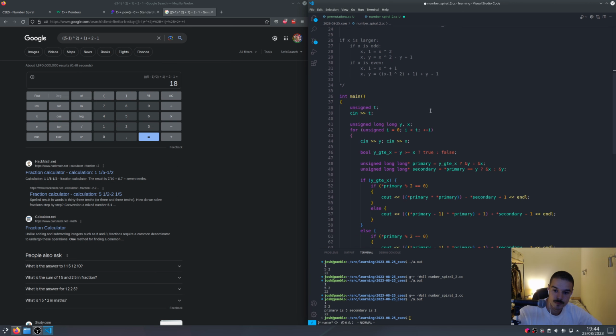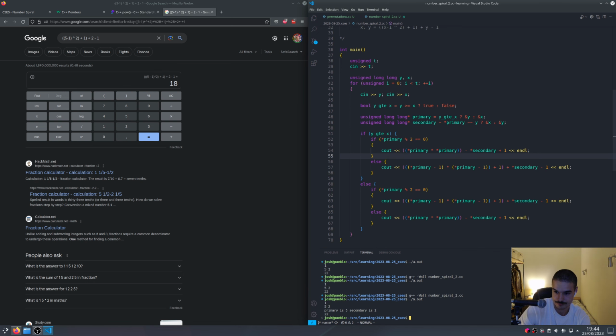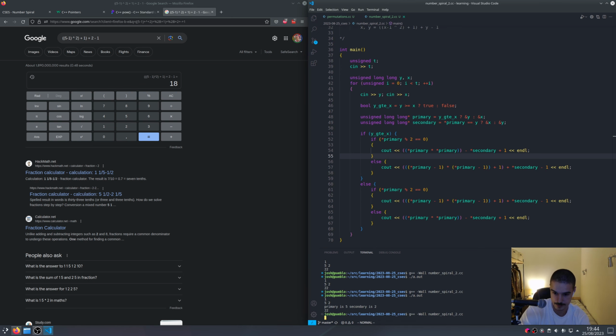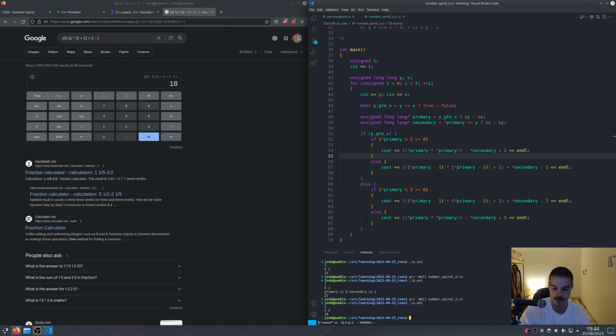Oh. I think it's because I'm not doing the square properly. It needs to be that. I believe. Hope so, at least. Right. 1, 5, 2, 18.